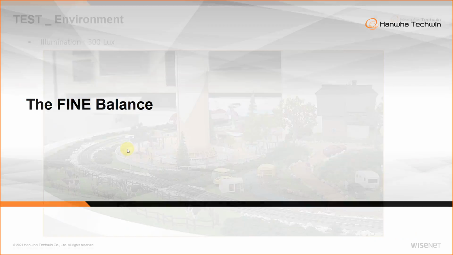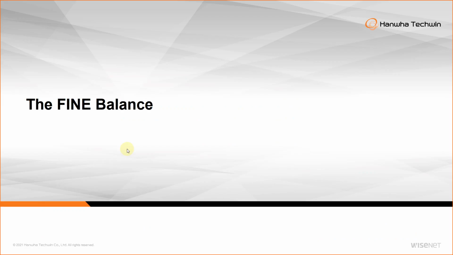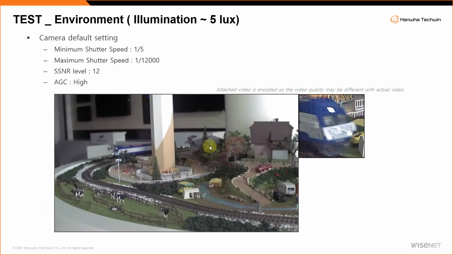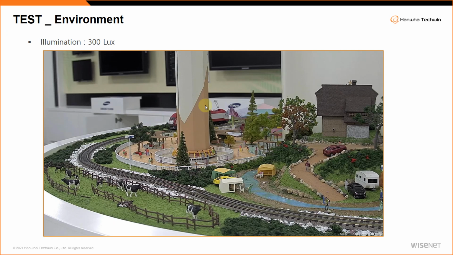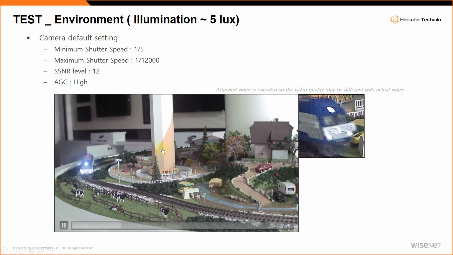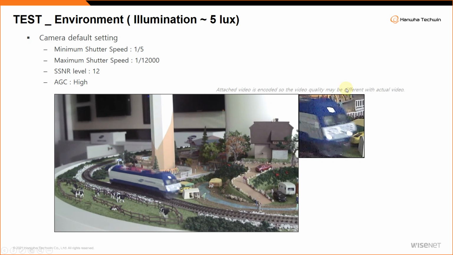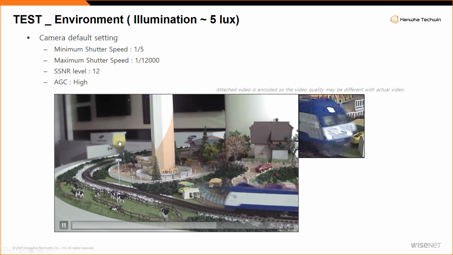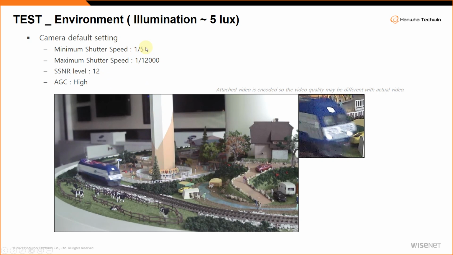All right, to explain that, let's go ahead and check here. Right now this is a video. Probably looks good, probably looks fine. The shutter speed is around 1 by 5.